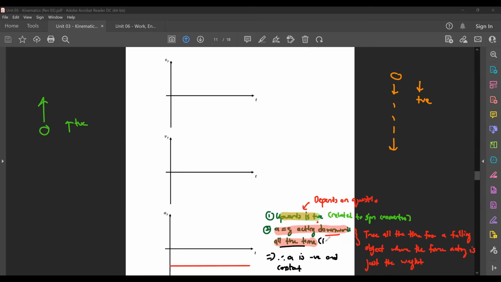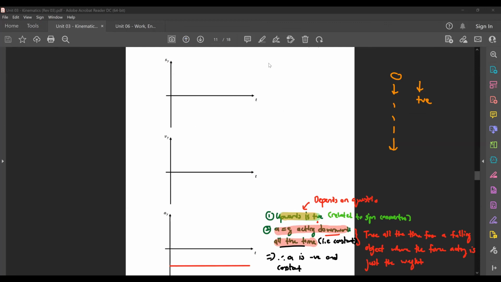This one already means constant magnitude. Okay, so a equals g downwards all the time is actually saying that it's a constant value downwards all the time. So from here I can say that acceleration versus time will be negative. Now from here you can start to do some graph changing from one form to another.